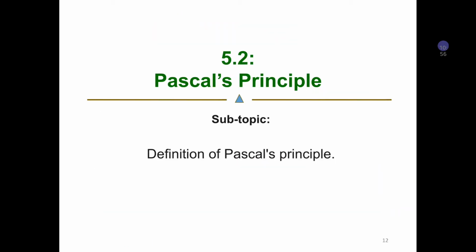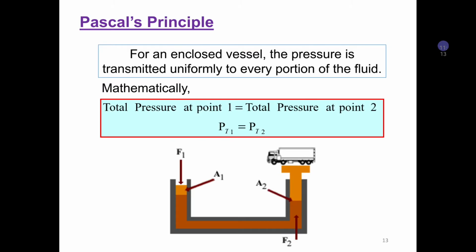Okay. Now, we will look into the Pascal principle. This one I think you already learned in your secondary school or during your matriculation. In Pascal principle, for an enclosed vessel, the pressure is transmitted uniformly to every portion of the fluid.